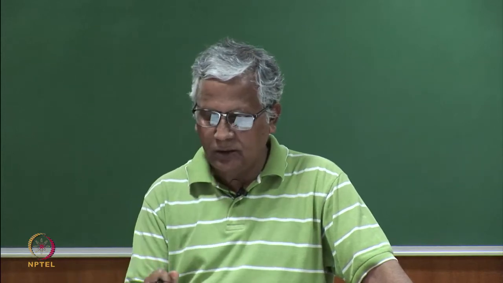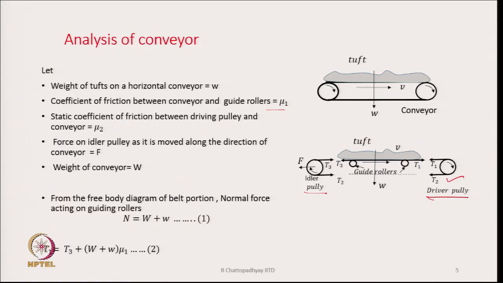So, we have to basically pull the idler pulley on the left hand side, so that there is some tension in the conveyor. And let us say the weight of the conveyor is W. Okay. So, from the free body diagram as shown in the right hand side, we can say the total normal force which is acting is W, capital W plus small w, and therefore, the tension T1 will be how much?